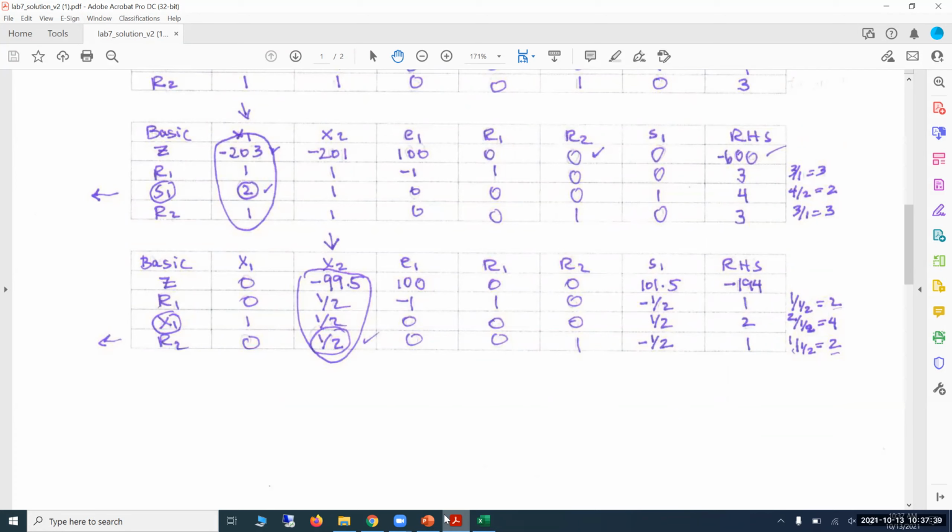But if the minimum ratio test is the same and you have to decide between an artificial variable and a non-artificial variable, then you always select the artificial variable because you want to take the artificial variable out of here as soon as possible. But in this case, both of them are artificial, so you select one of the two. If you have to select between these two, for example, you select R2 because you want to take R2 out of the solution.